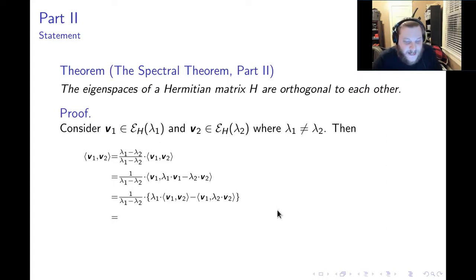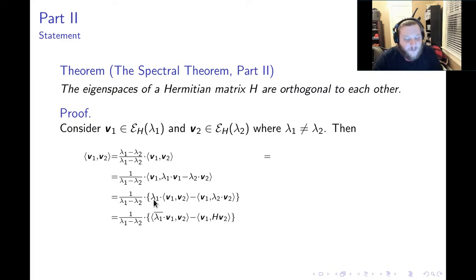And indeed, I think we might see something useful, because part of this expression now is lambda 2 times v2. We know that lambda 2 times v2 is the same thing as H times v2, because v2 came from the eigenspace of H where the eigenvalue was lambda 2.